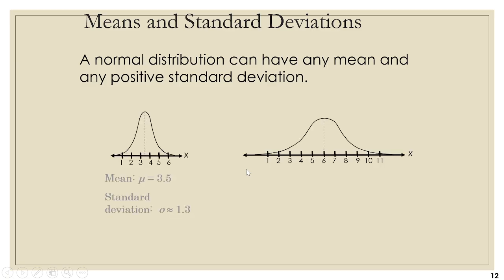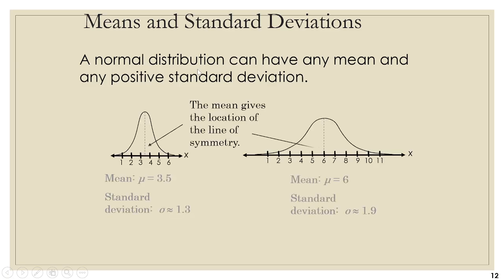Next, mean and standard deviation of the normal distribution. A normal distribution can have any mean and any positive standard deviation. Suppose I take mu equal to 3.5, the graph looks like this, and the standard deviation also looks like this. If you take mu equal to 6, the standard deviation will be like this.